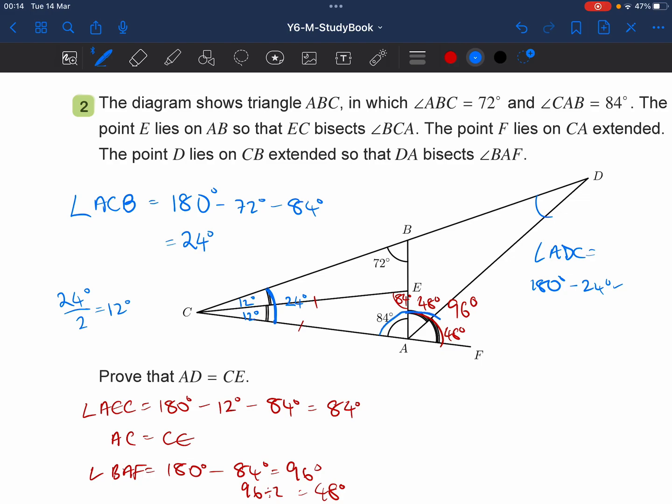So let's work out the sides of this angle. 84 times 2 is 168, plus 48 is 216. Actually, 84 plus 48 is 132.